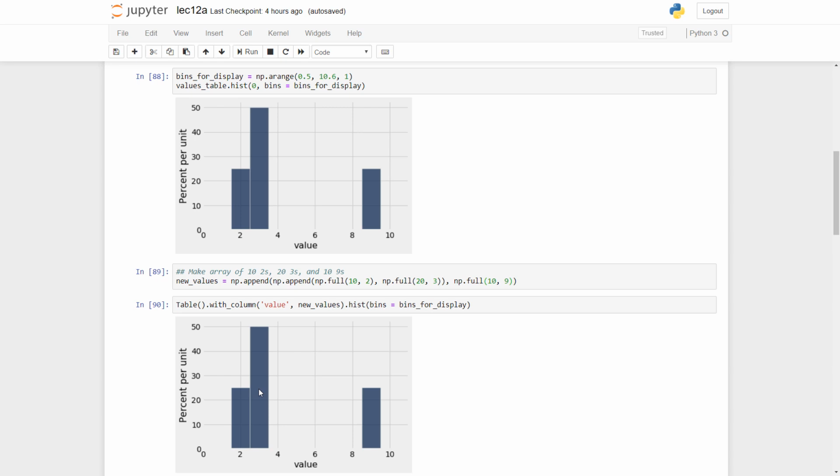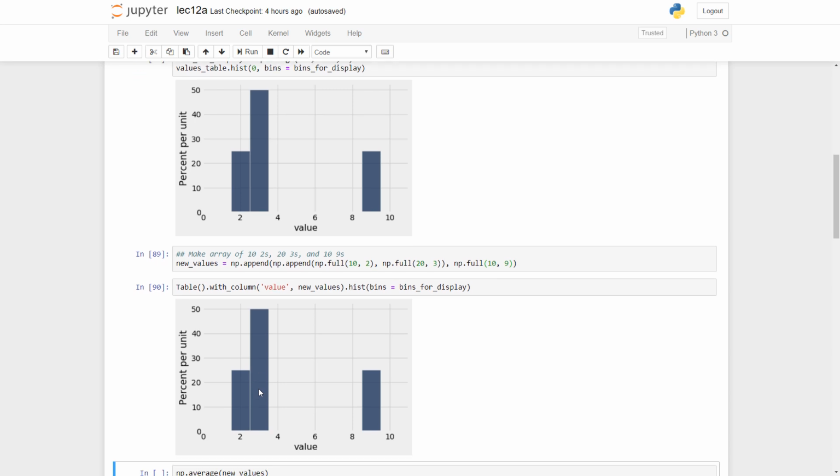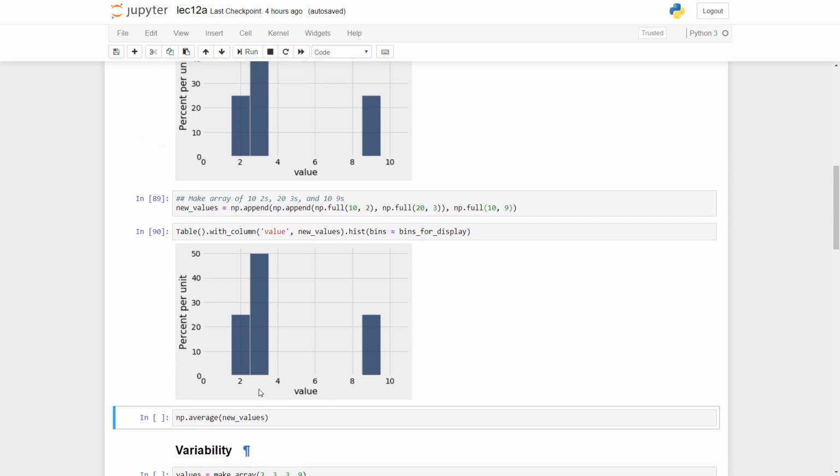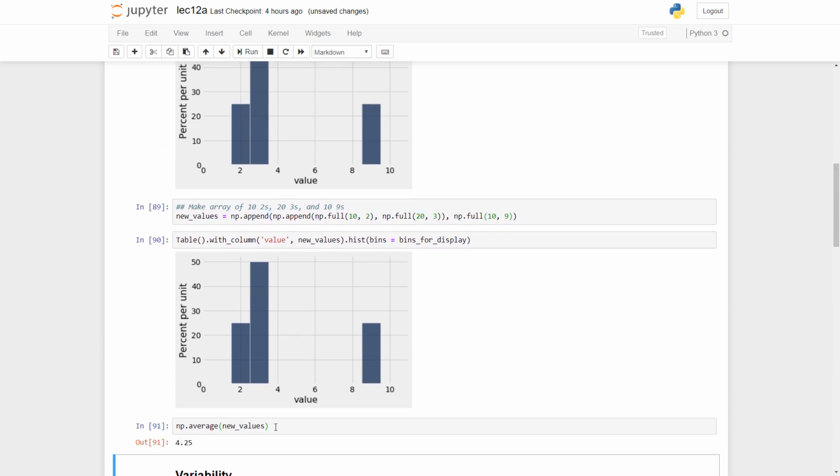Originally we had 4 values, here we have 40 values, but the mean is the same because the mean depends only on the distribution of the different values in the array. So if we compute now the average of the new values array, we will get the same number, which is 4.25.